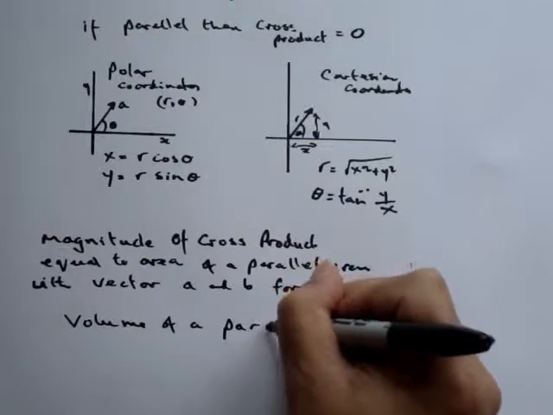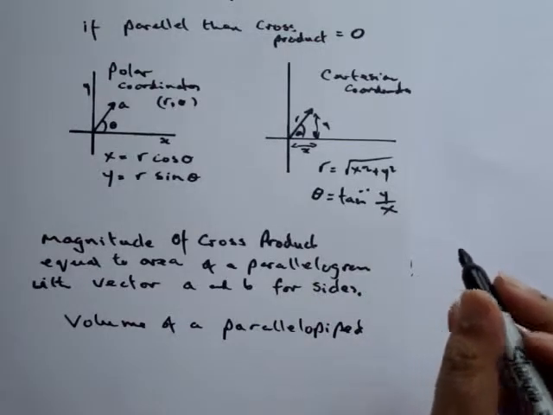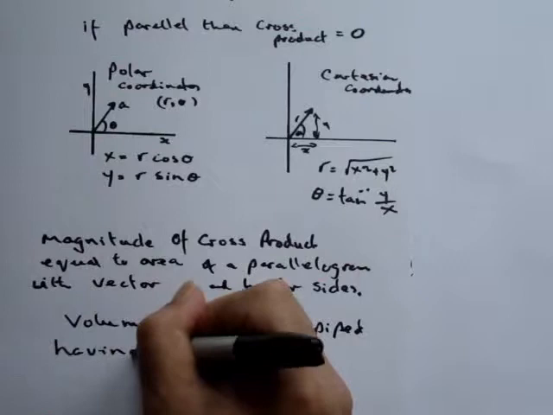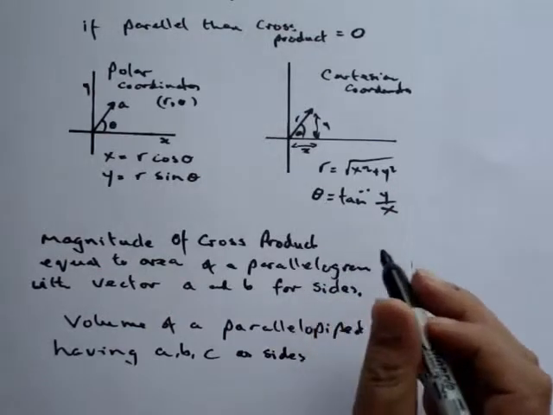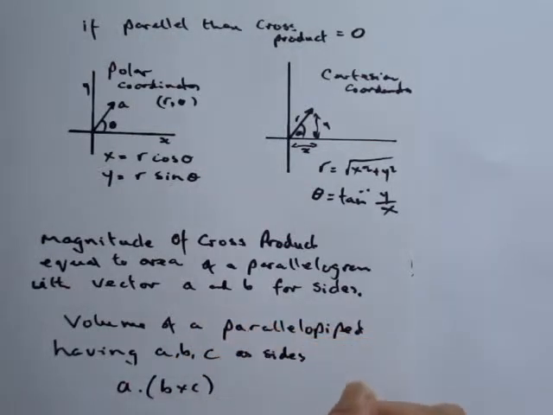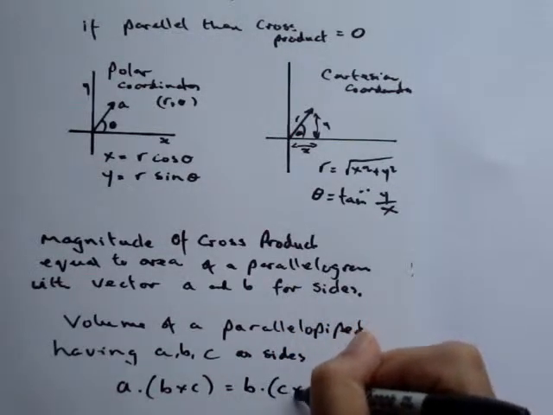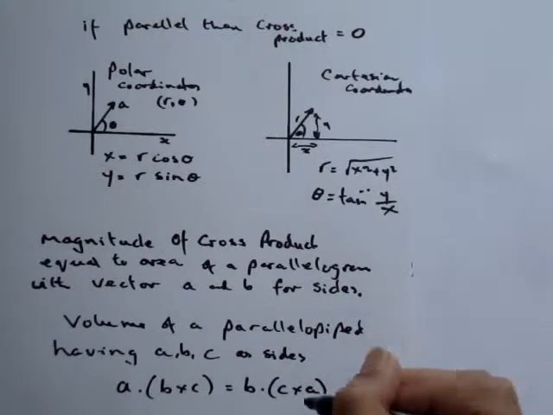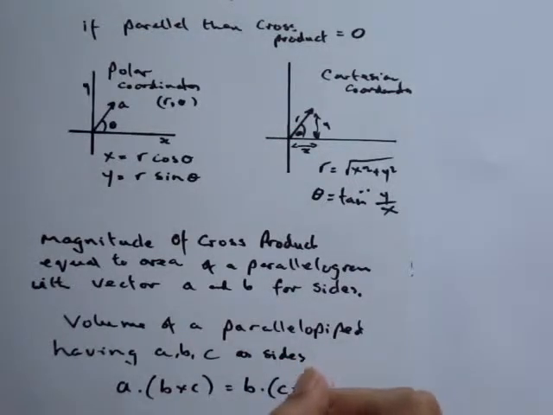So let's say that P, parallelepiped, having A, B, C as sides, is calculated by A dot B times C, which is B times C dot A. So the volume equals, usually written, A dot the cross product of B times C.